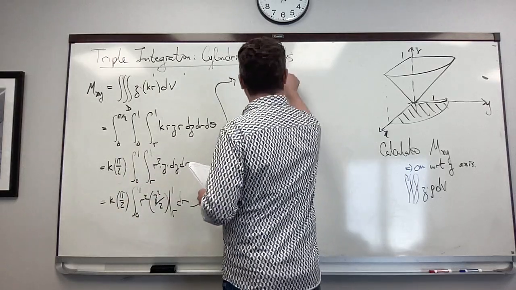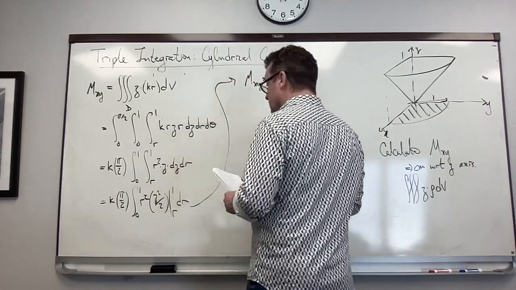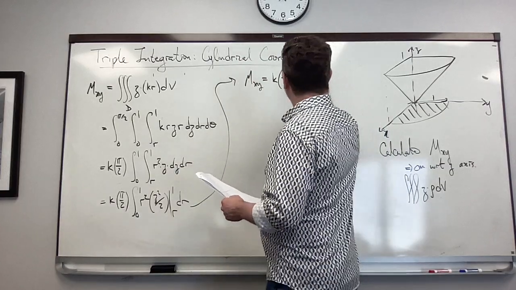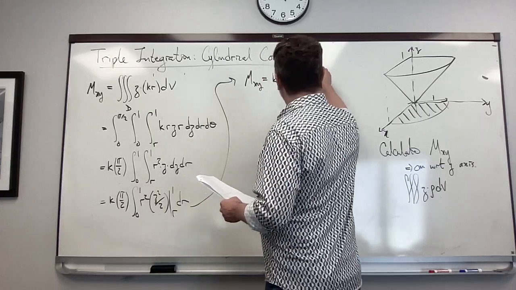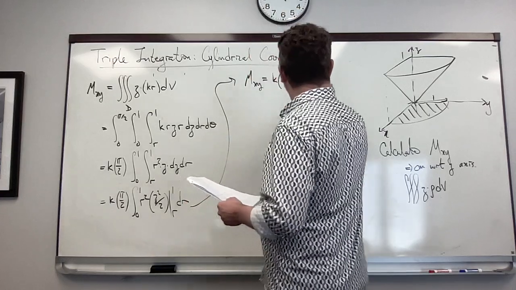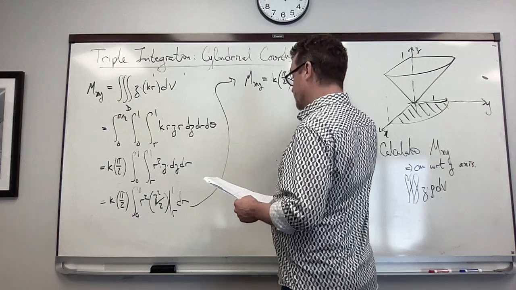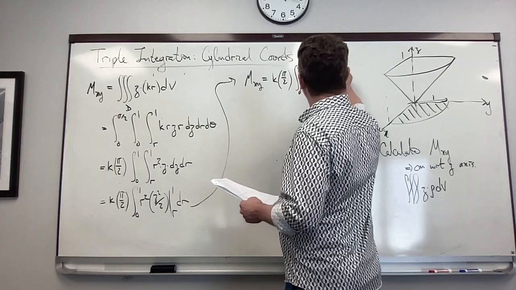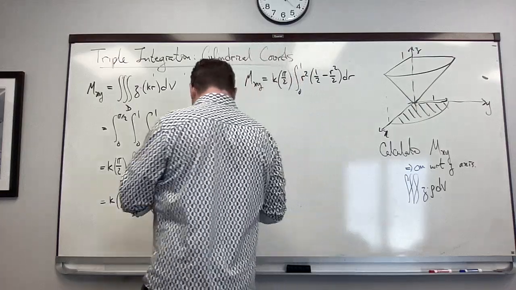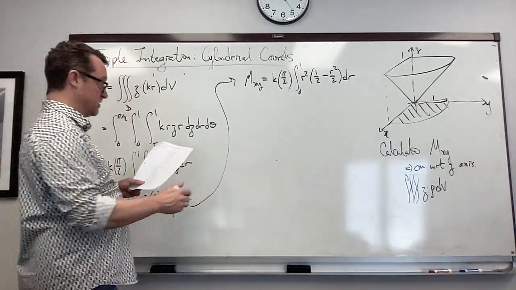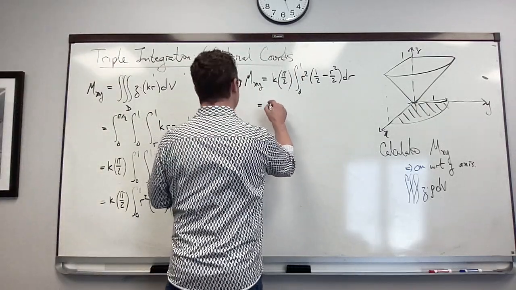Okay, so I've got k pi over 2. I've got r squared, and then we've got 1 over 2 minus r squared over 2 dr. So we'll just simplify that out.